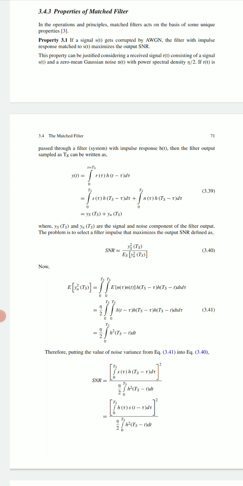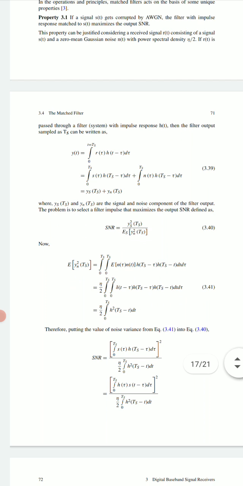That is defined as SNR = ys squared(Ts) over E of yn squared(Ts). The noise power E of yn squared(Ts) equals the double integral from 0 to Ts of E of n(tau) n(t) h(Ts - tau) h(Ts - t) dt d tau. If you solve it, that equals the power spectral density eta/2 times the integral from 0 to Ts of h squared(Ts - t) dt.